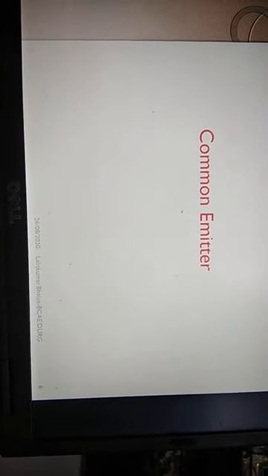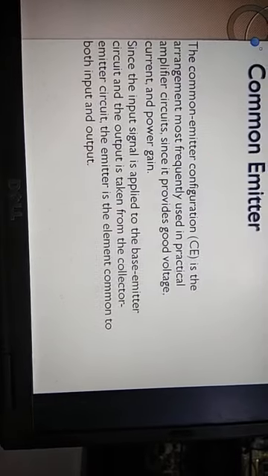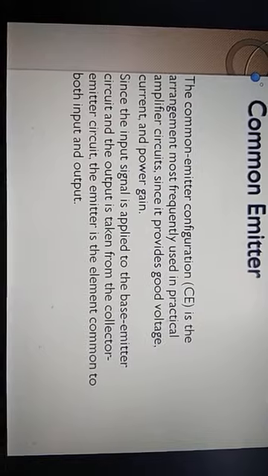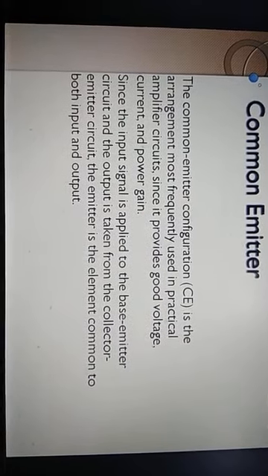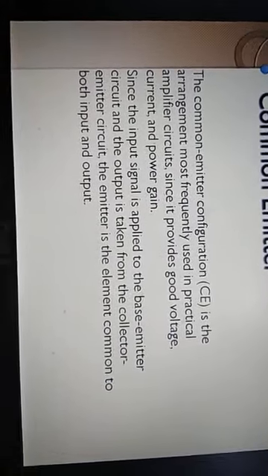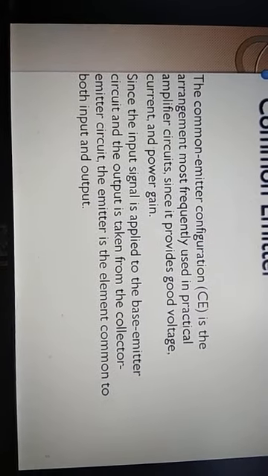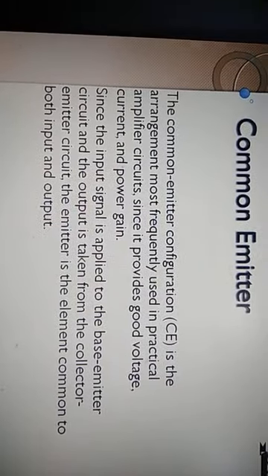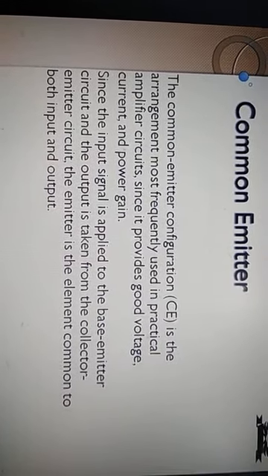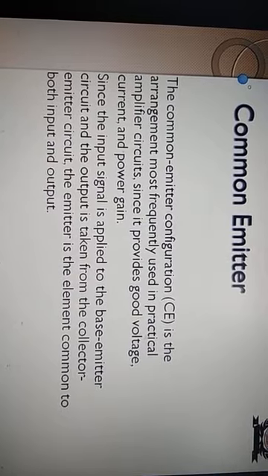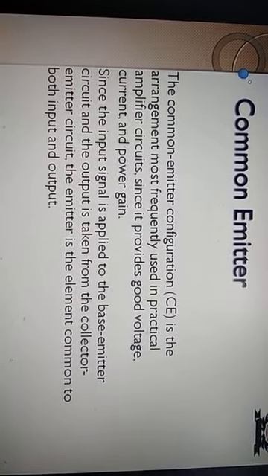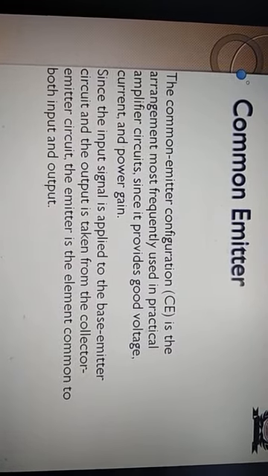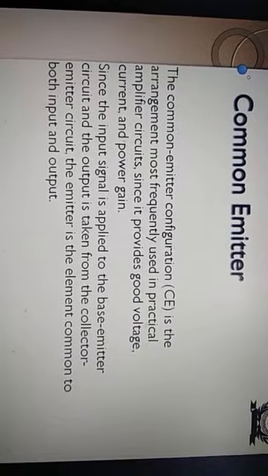Now this is common emitter configuration. In common emitter configuration, that is CE configuration, is the arrangement most frequently used in practical amplifier circuits, since it provides good voltage, current and power gain. Since the input signal is applied to the base emitter circuit and the output is taken from the collector emitter circuit, the emitter is the element common to both input and output.